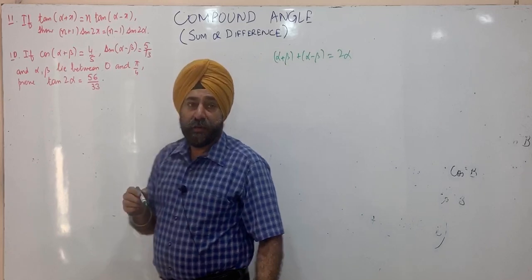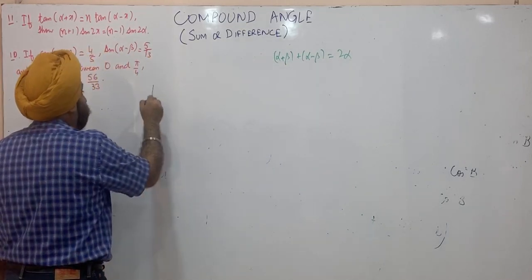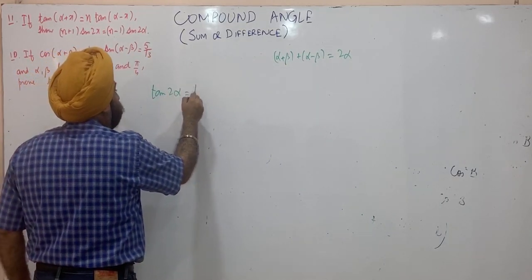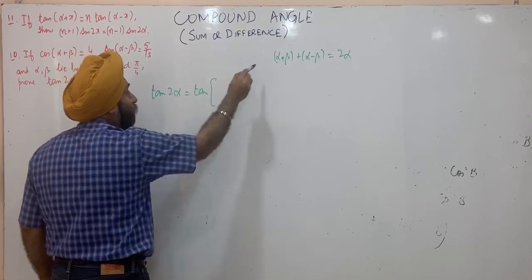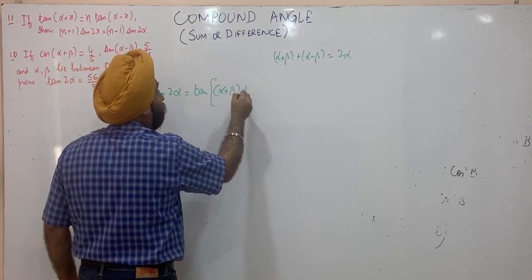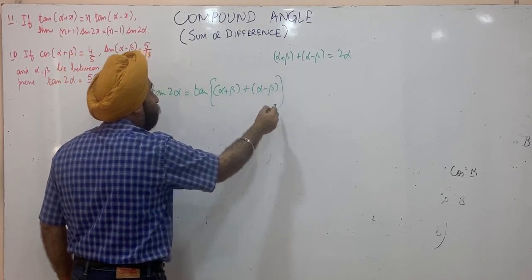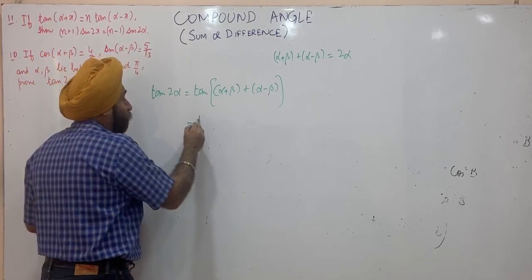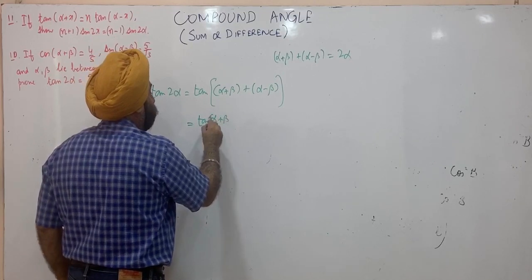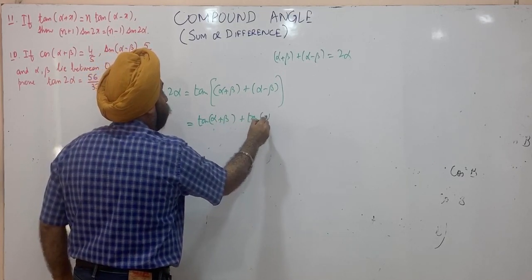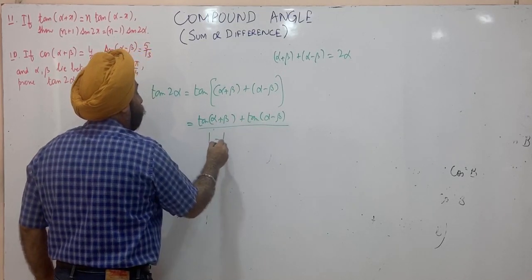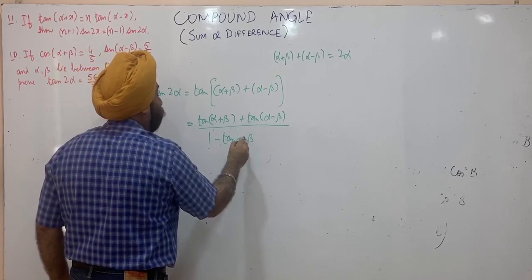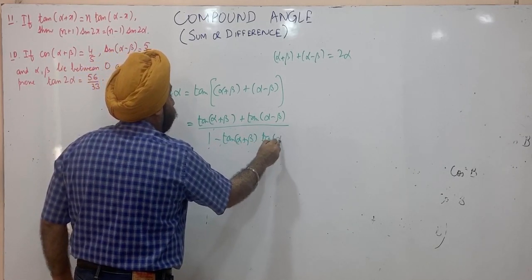So I use this fact: tan 2 alpha is tan of, can we write, alpha plus beta plus alpha minus beta? Then use the formula for tan of A plus B, which is tan of A plus tan of B upon 1 minus tan A into tan B.